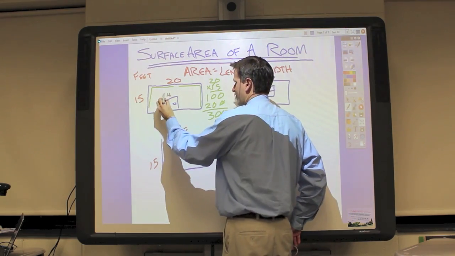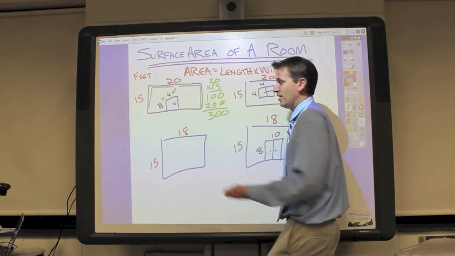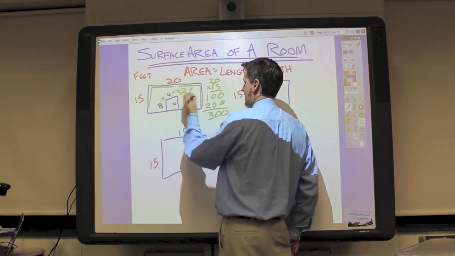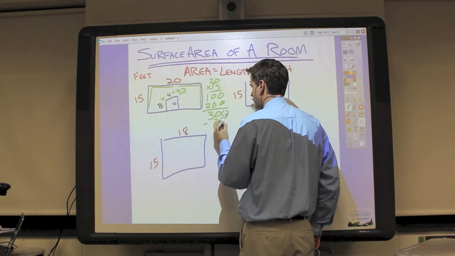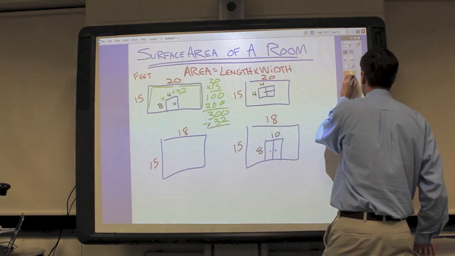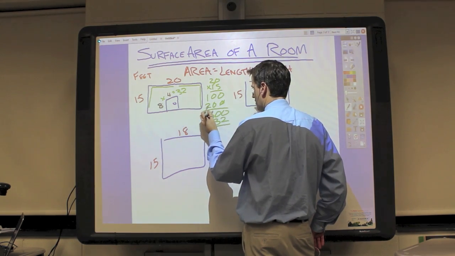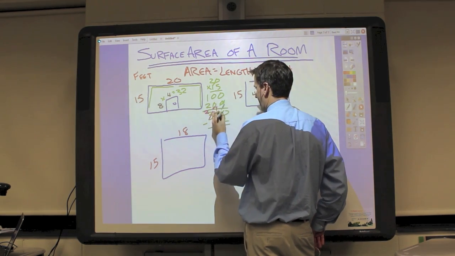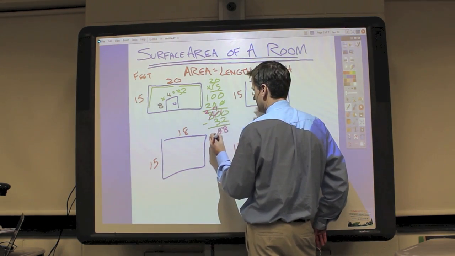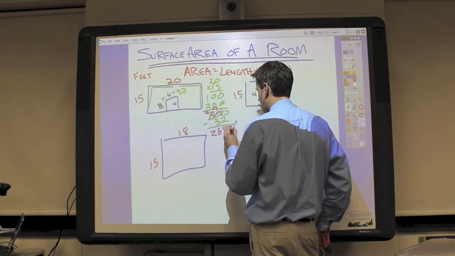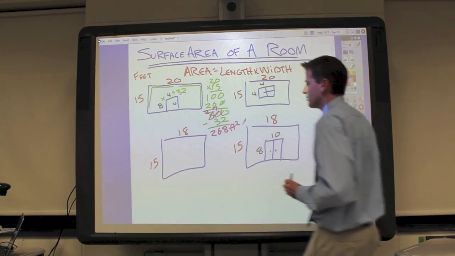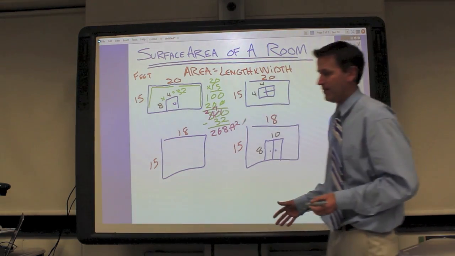And then I have to do my 4 by 8, which gets me 32. And I have to subtract 32 from this. Okay? 300 minus 32, I have to borrow a lot here, right? 8, 6, 2. And that's 268 square feet.